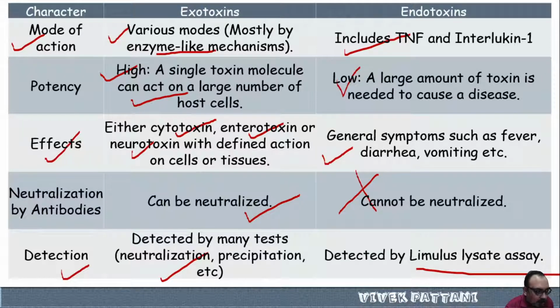Basically limulus amoebocyte lysate is used. It is basically an aqueous extract of the blood cells from the limulus crab, which reacts with the endotoxin polysaccharide, which is basically a membrane component of gram negative bacteria.